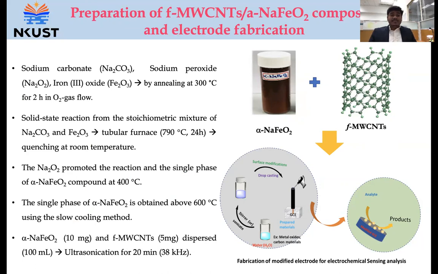Here, the sodium oxide promotes the reaction to get the single phase sodium ferrite compound at 400 degrees Celsius. Meanwhile, when we reach around 300 degrees Celsius, we observe the beta sodium ferrite, but finally we get the alpha phase of the sodium ferrite compound.